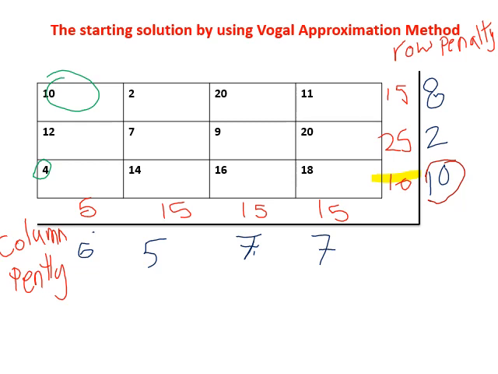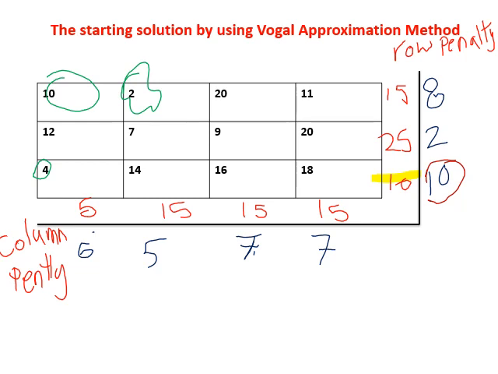In the least cost method, we begin with the cell which has the smallest value. But here in the Vogel approximation method, we decide the cell that we start with depending on the maximum value for the row penalty and the column penalty, like this.